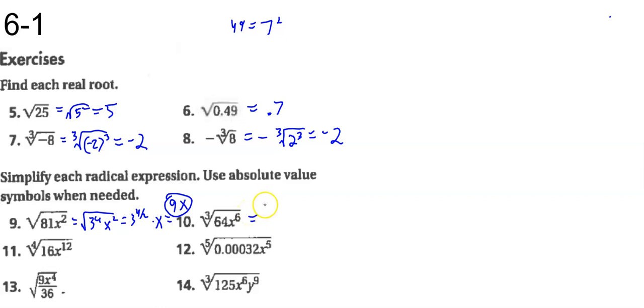So cube root of 64. If you do the prime factorization of 64, that's actually 2 to the 6th power, I believe, times x to the 6th power. So you could change this now to rational exponents, 2 to the 6/3 times x to the 6/3, which is 2 squared times x squared, which is 4x squared, which you might have just known if you knew the cube root of 64 is 4, but just want to show the work so you know what you're doing here.